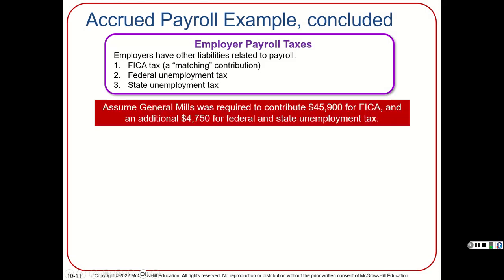So we're accruing payroll. Accruing payroll means that employees have worked a certain part of a period in 1 month, or all of it in 1 month, but does not get paid until the following month.